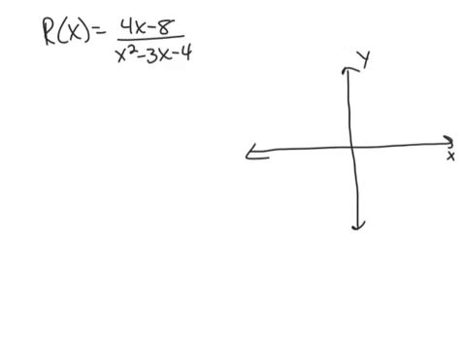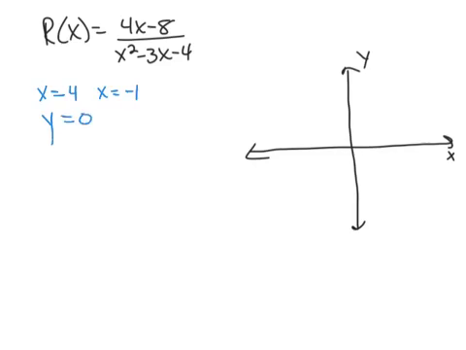Alright, so we're going to use the example we just did where we found the asymptotes and the intercepts. We have r of x is equal to 4x minus 8 over x squared minus 3x minus 4. What we found was that the vertical asymptotes were at x equals 4 and x equals negative 1, and the horizontal asymptote is y equals 0.